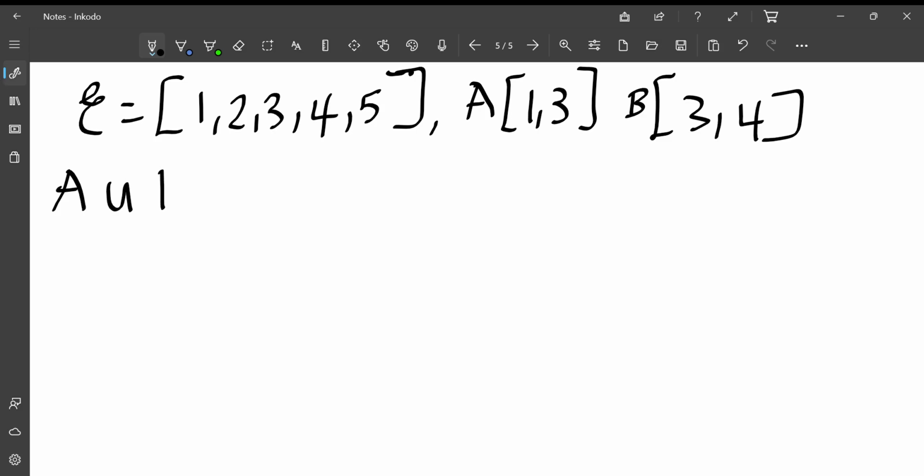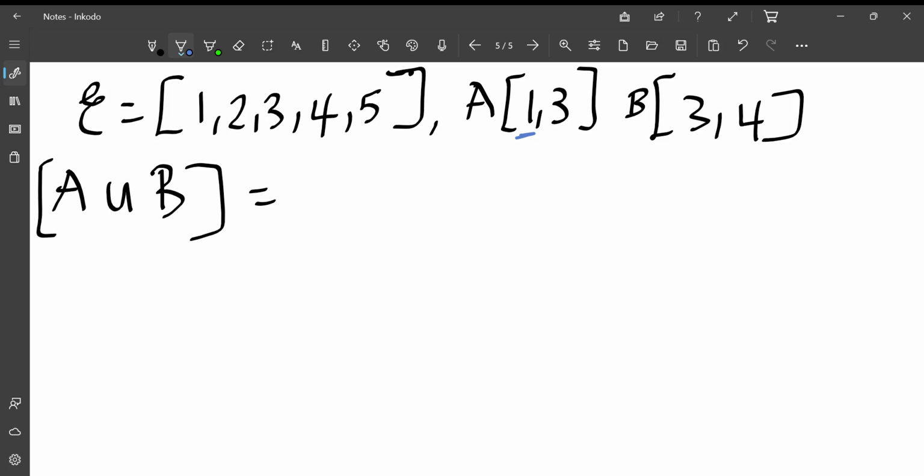A union B. What does A union B mean? A union B simply means the elements in A, the elements in B, and add them together. When I say add, I don't mean plus. I mean write everything you can see that is in A and also in B. If you look at A, I can see 1.